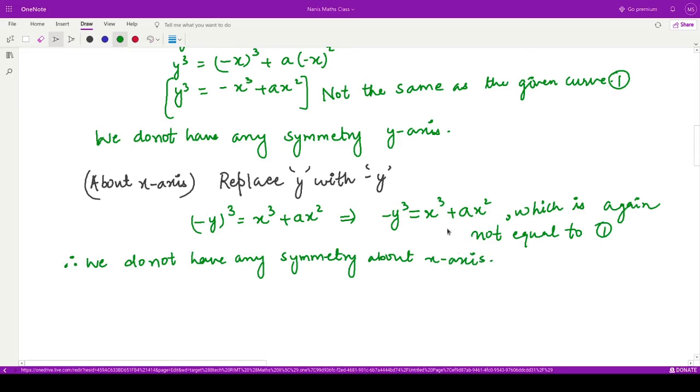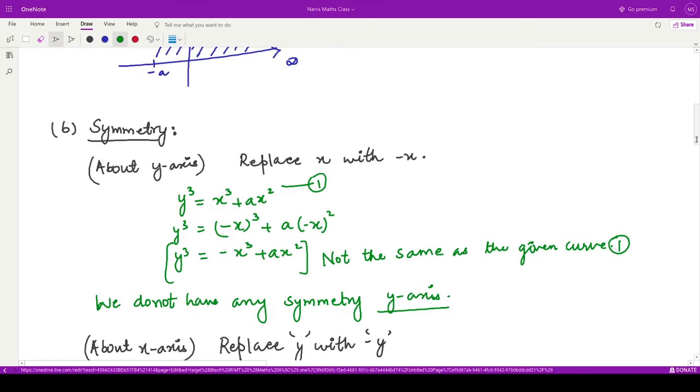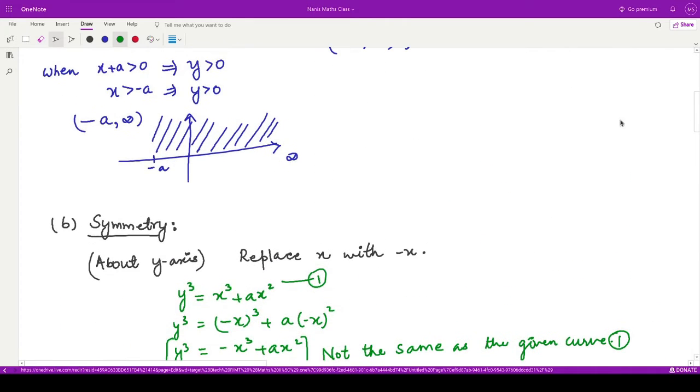Now if there is no symmetry about the y-axis and no symmetry about the x-axis, obviously there would not be any symmetry about the origin as well. So this information is obtained. We do not have any kind of symmetry. The graph of this curve would be different for all these different quadrants, right?